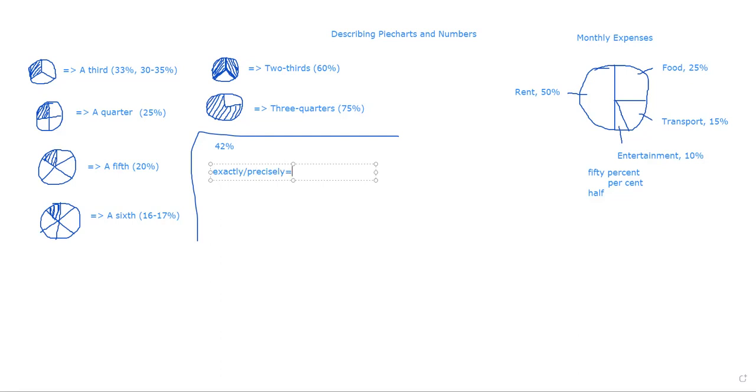The rent is not 50% but 42%. So if you wish to include the number as it is, accurate exact নাম্বারটাই যদি দিতে চান you can simply say rent makes up exactly 42% অথবা precisely 42% of the monthly expenses are rent.